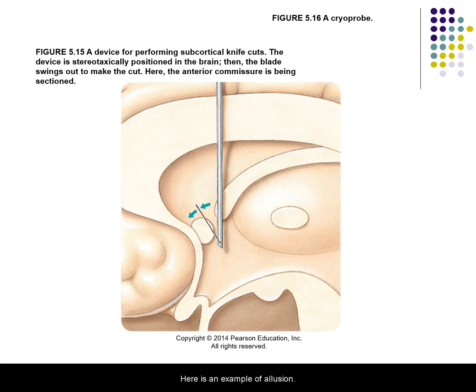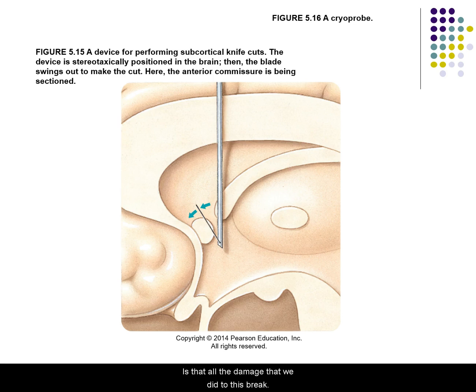Here is an example of a lesion, and the lesion is being performed through a knife, and that little blade pops out from the cannula there and then can cut a very small area of the brain. Okay. And I think your author goes into this a little bit when he talks about we would like to think that we put this cannula down in here and use aspiration, radiofrequency, knife, whatever it might be, and we cut out this little section.